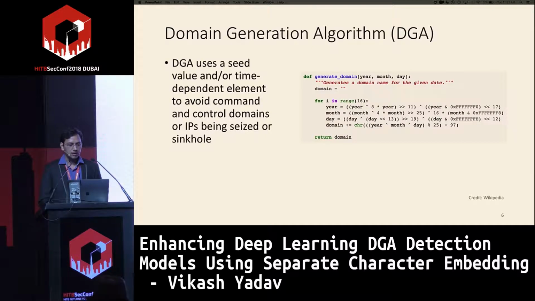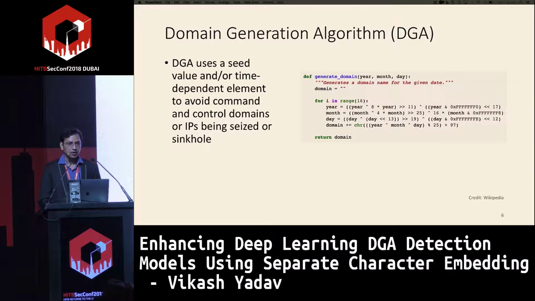DGAs are a small program that takes a seed and/or time-dependent element and generates a lot of domains. The malware then uses these domains to make connection to the C2 server. And as you can see, here is a Python script of a DGA algorithm that takes year, month, and date as input, and based on that, it's going to generate 16 DGA domains.